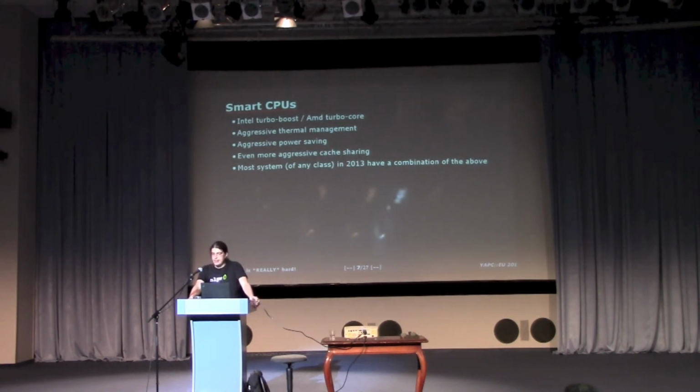So we have features like Intel Turbo Boost or AMD Turbo Core. We have aggressive thermal management. The moment the CPU decides that it's running a little bit too warm, it will scale itself down. The moment it decides that it's drawing too much power on one of the buses, it will scale itself down. Cache sharing. This is horrible because these days, caches on CPUs are always fewer than there are cores.